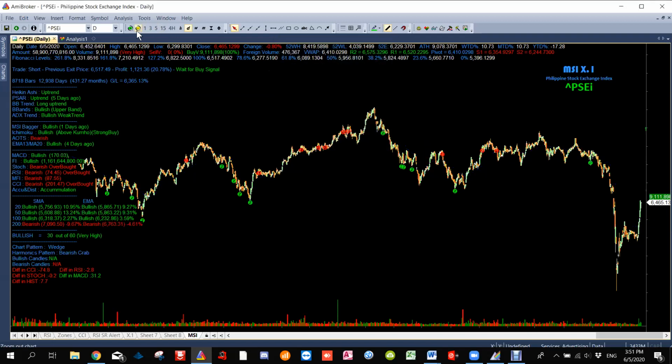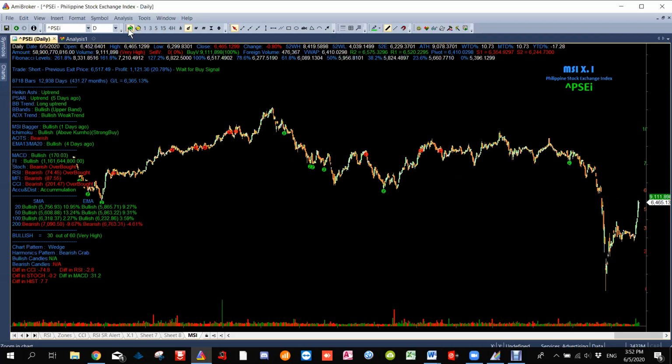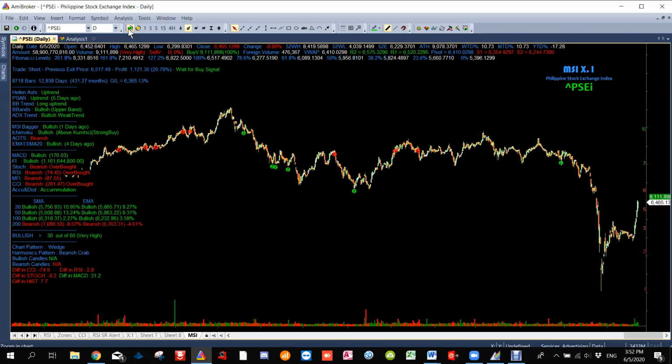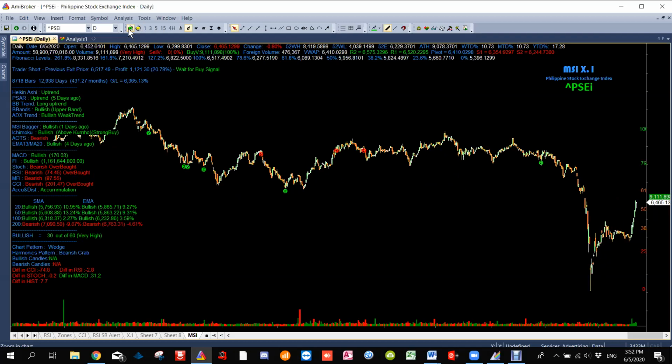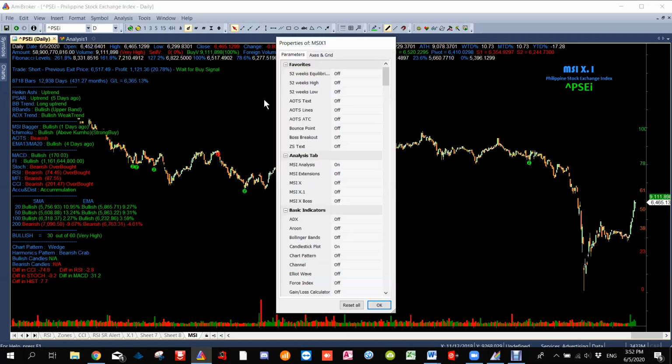Now, we move on to our next indicator, which is the Ichimoku. Okay. So, Ichimoku is one of the oldest indicators being used, founded in Japan. Ichimoku actually means one glance in Japanese.